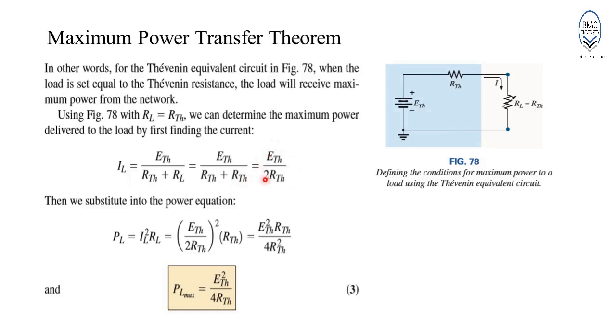So, if we substitute this expression in the formula for power, that is PL equals IL square times RL, then it will be equal to EThevenin square divided by 4 RThevenin. So, the expression for the maximum power delivered to the load is equal to EThevenin square divided by 4 RThevenin.